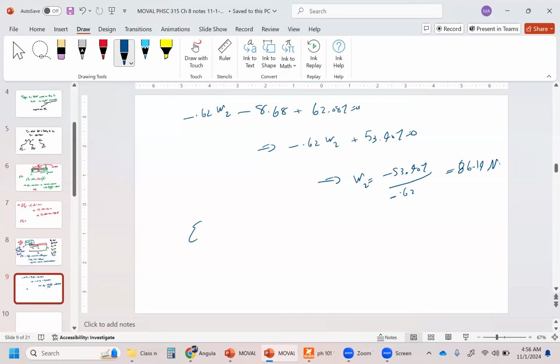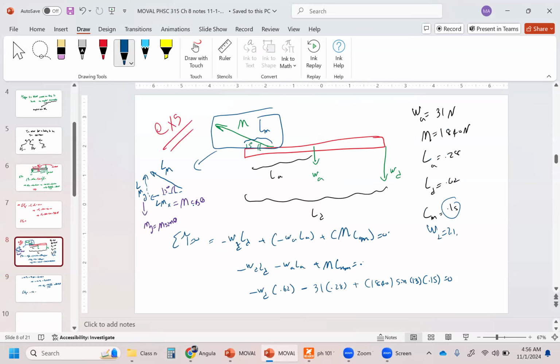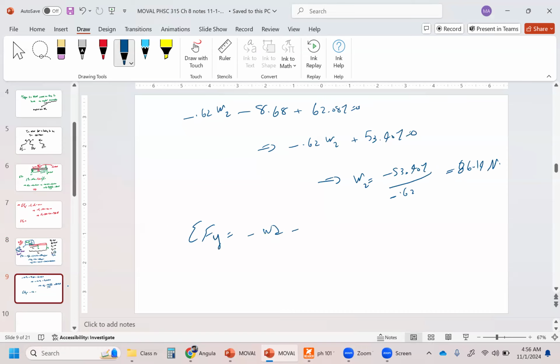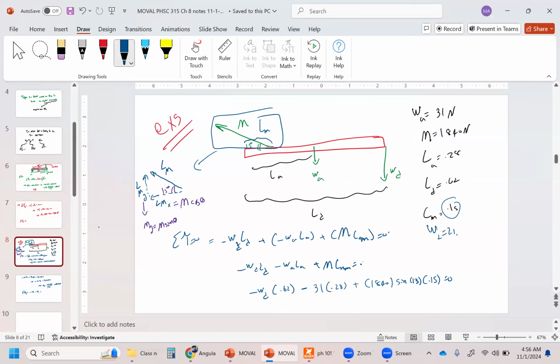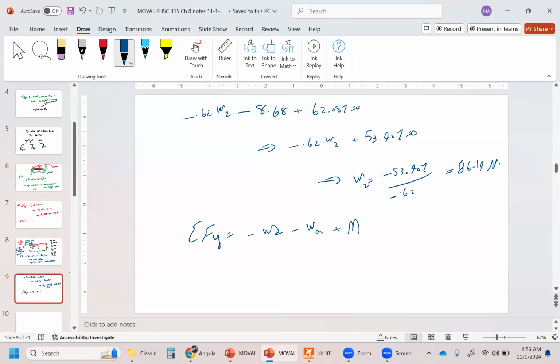Wonderful. And if we looked at the forces in the y direction, what we get is going to be your minus weight of the dumbbell, because it's going down, minus your weight for the arm, plus your m sine theta, which is going to be your mass in the y direction, equal to 0.